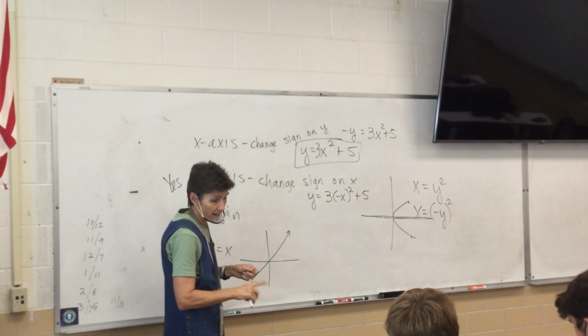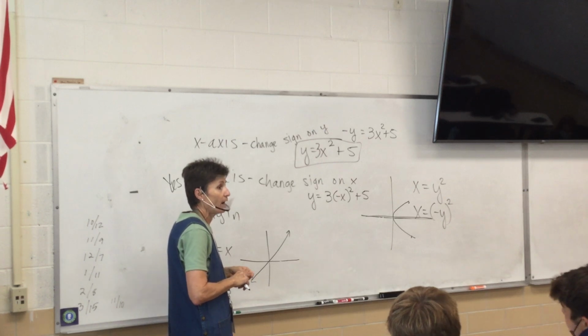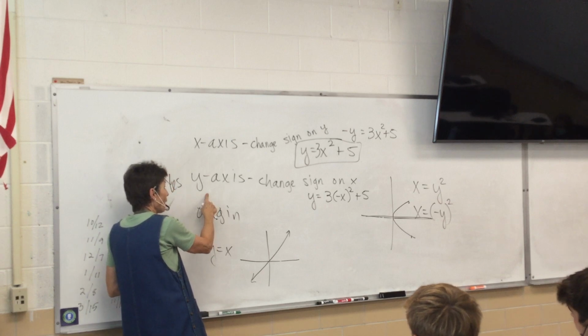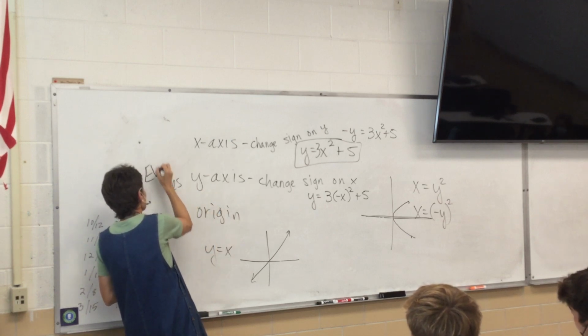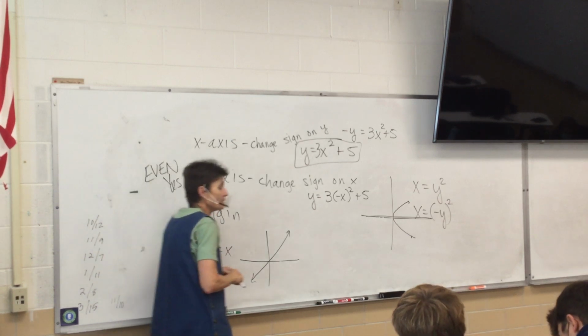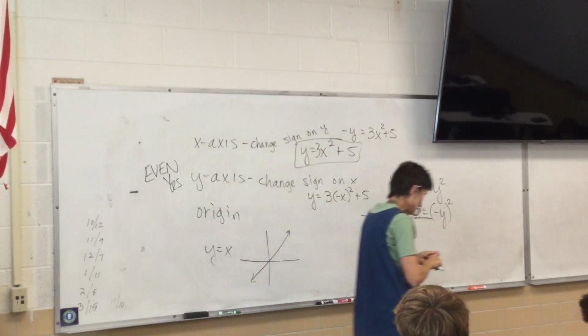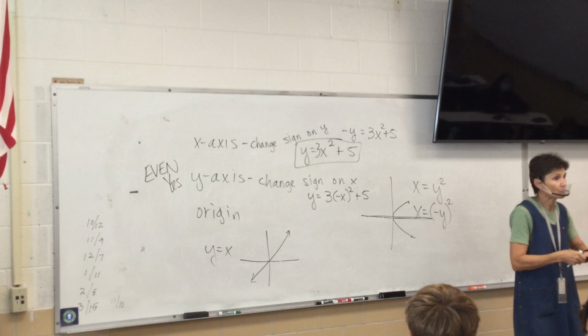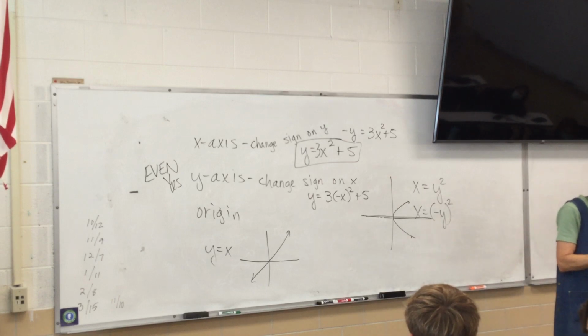Over to the side, I wrote the words even and odd. If you have symmetry about the y-axis, you are even. An even function is any function that has symmetry about the y-axis.